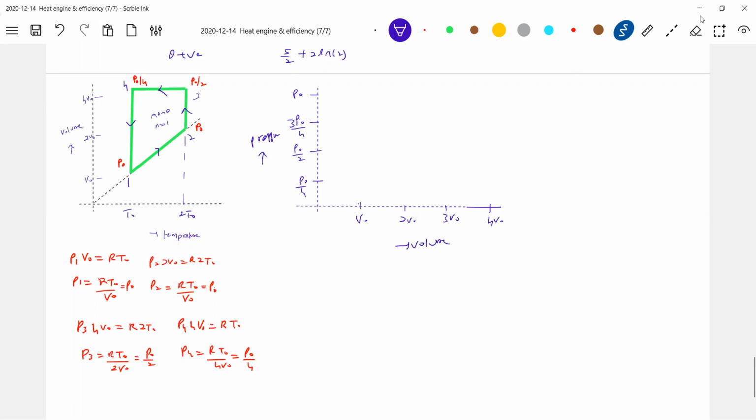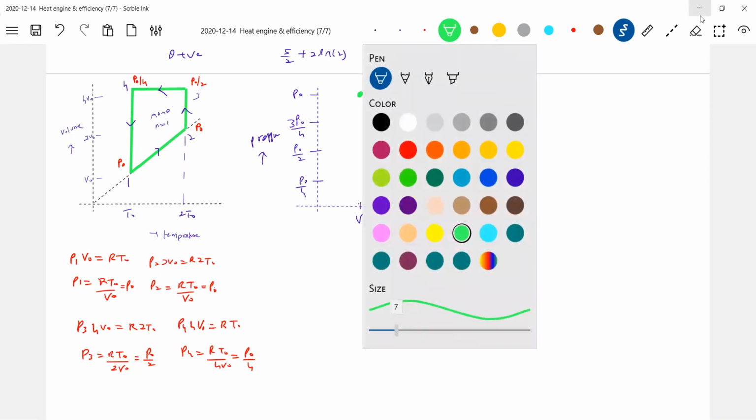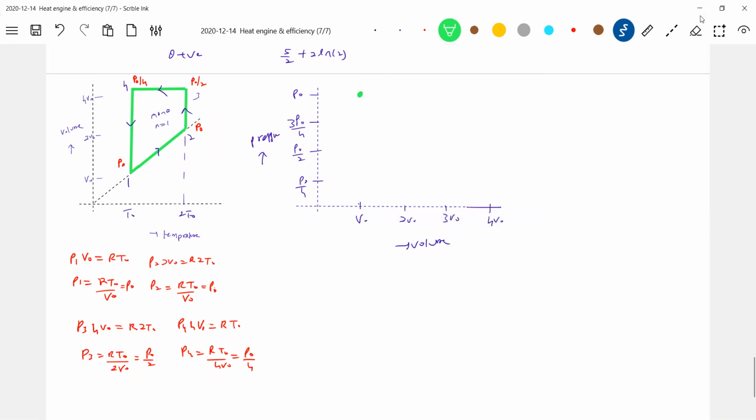Okay, now identify the points. So what are the points? 1, okay, what is 1? P naught, V naught. There's a 1. P naught, V naught is point 1. Point 2, P naught, 2 V naught.